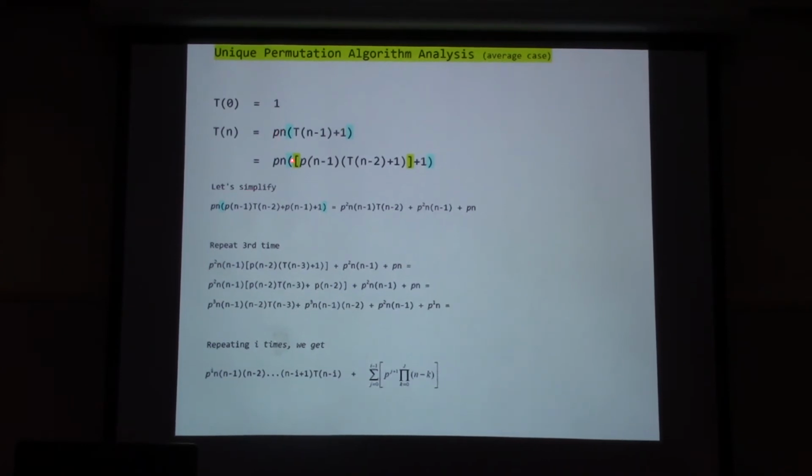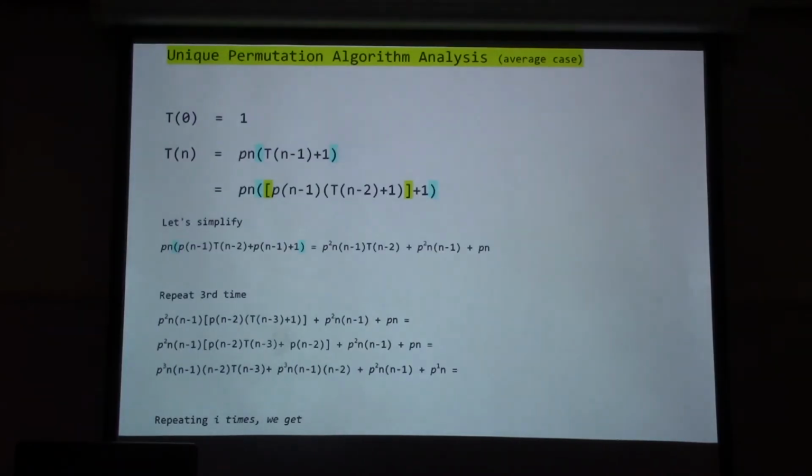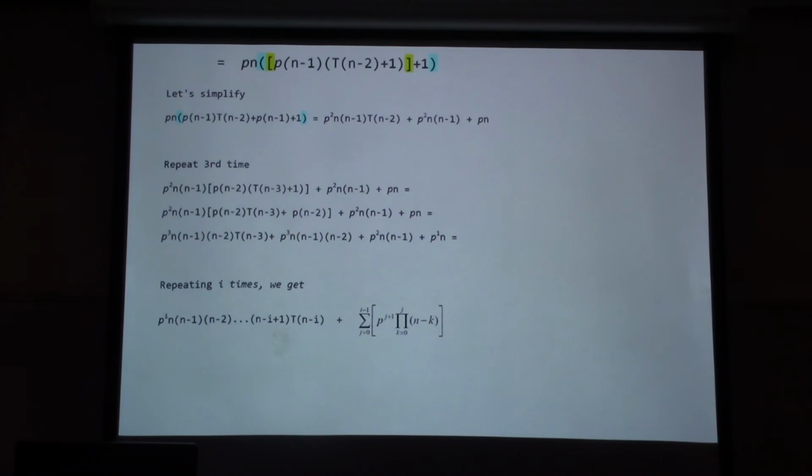And so if I simplify this repeated substitution, you're going to see this is going to expand quite nicely. If we repeat this substitution i times, you'll see that there's an exponentiating p, and there's also a budding factorial here, because it's basically n, n minus 1, n minus 2. This is getting bigger and bigger and bigger. Factorial.